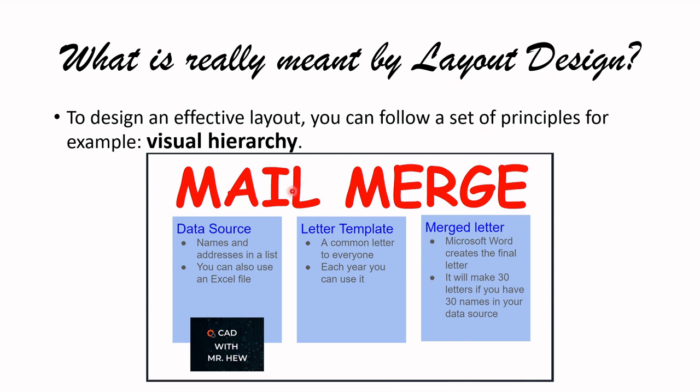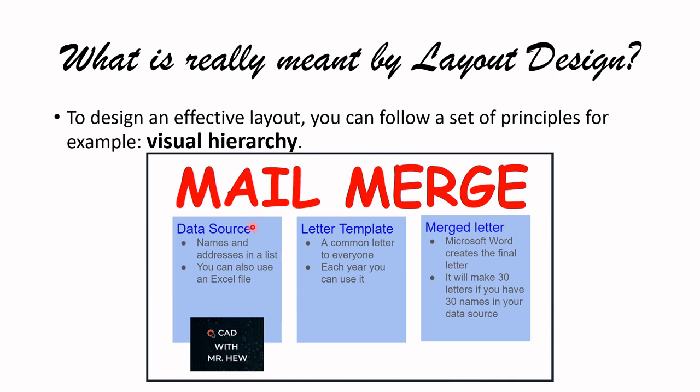And the video that I made had the mail merge with three components. You have the data source or the source data. You have the template letter, which is a form letter, and then we have the finished product, which is a merge letter, right? So the visual hierarchy, the largest element on my layout here would be the mail merge.